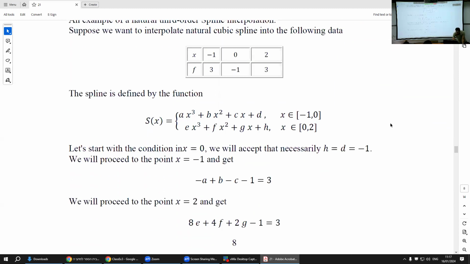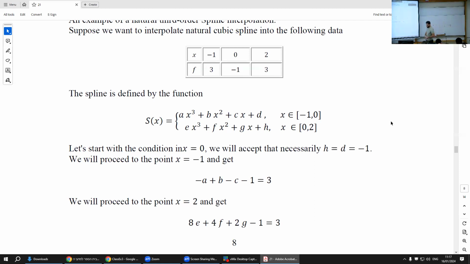Okay, let's see an example. So we know about some function that at -1, at 0, and at 2, at -1 it equals 3, at 0 it equals -1, and at 2 it equals 3.